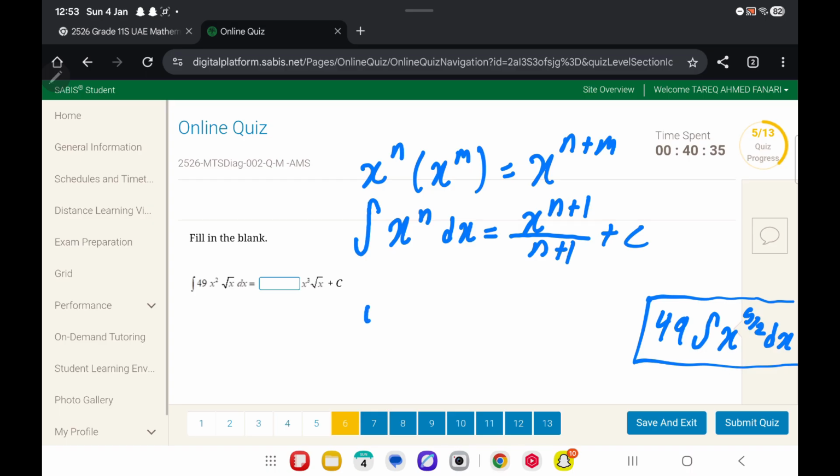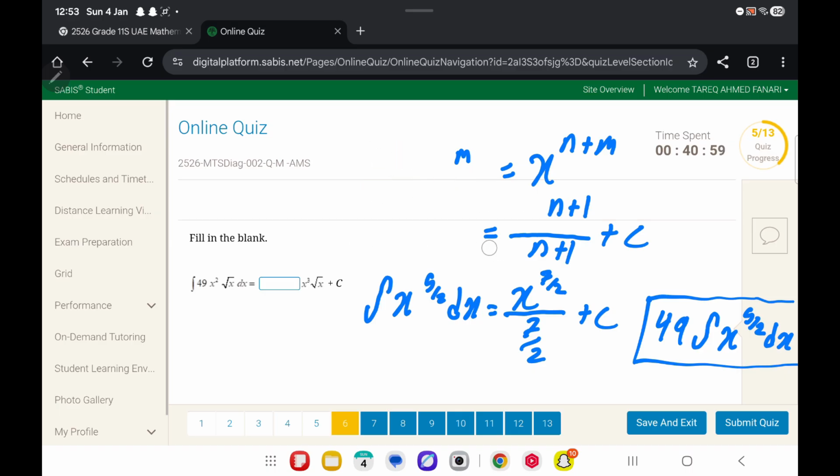The integral of x to the power 5 over 2 dx is equal to: add 1 to the power, so 5 over 2 plus 1, 7 over 2. Now divide by 7 over 2 plus c. This is my integral, so I'm going to erase all of this because these are just rules that I just finished. I don't need them anymore.